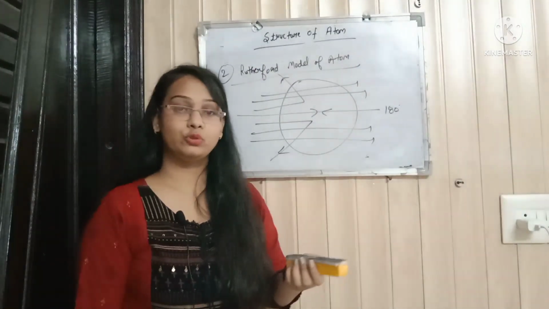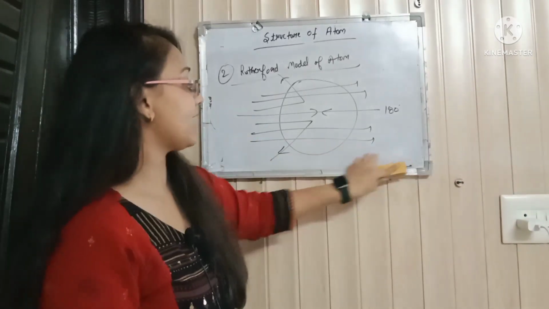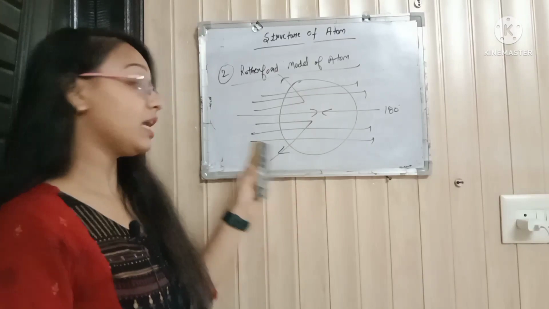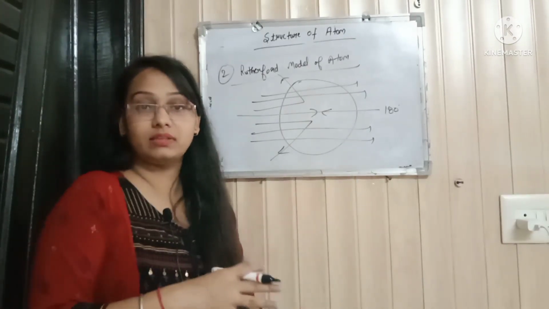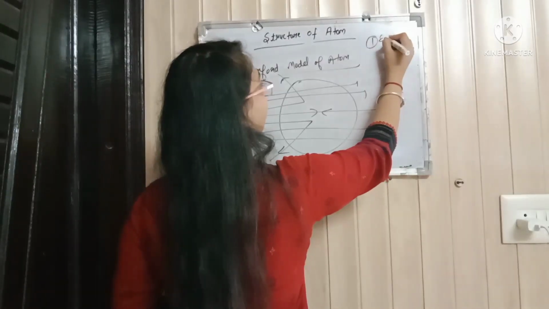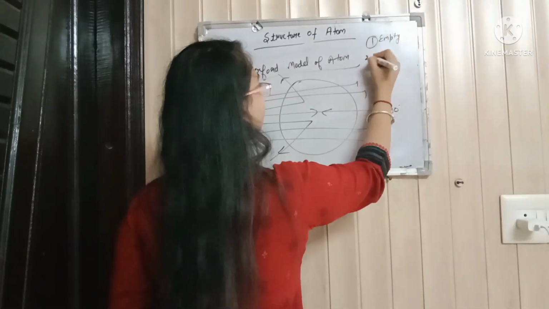So what were the conclusions from these observations? As most of the alpha particles go undeflected, there is no kind of hindrance in their path. That's why they go through, so the inside of the atom is mostly empty.